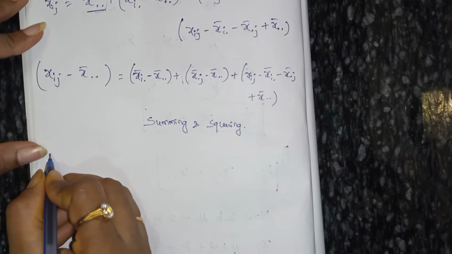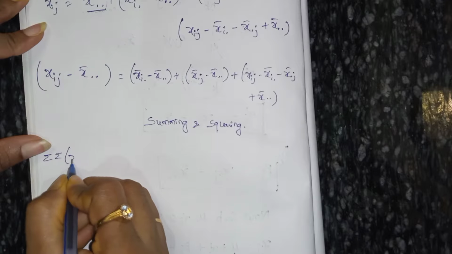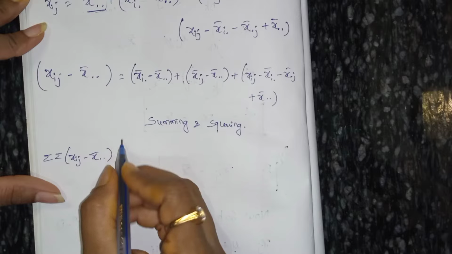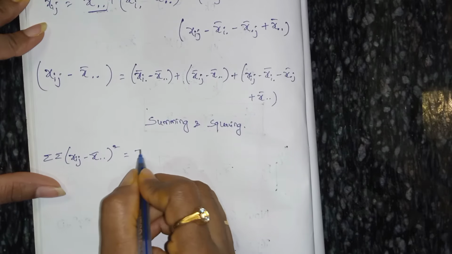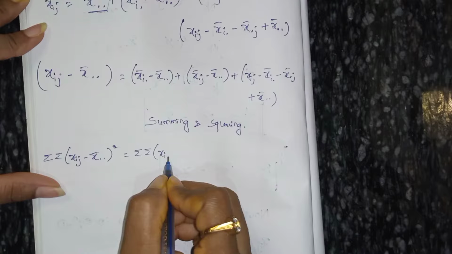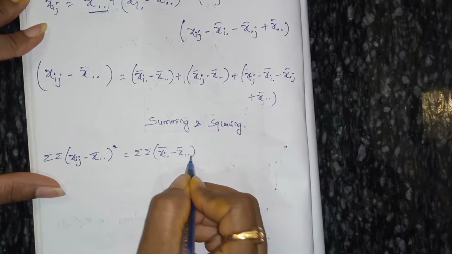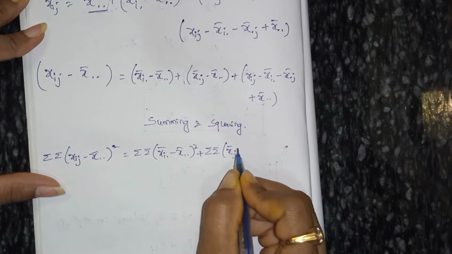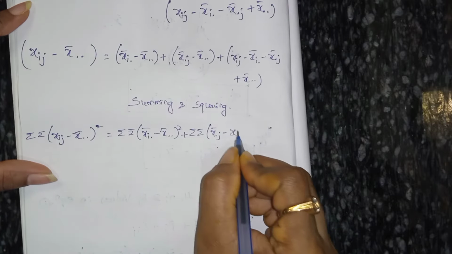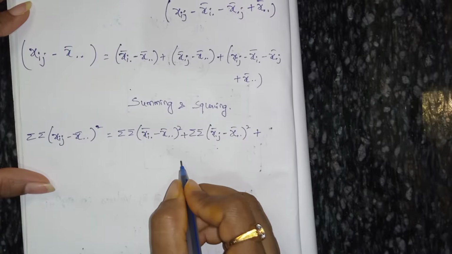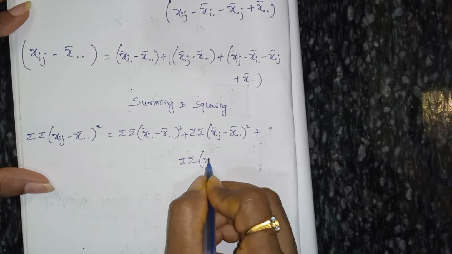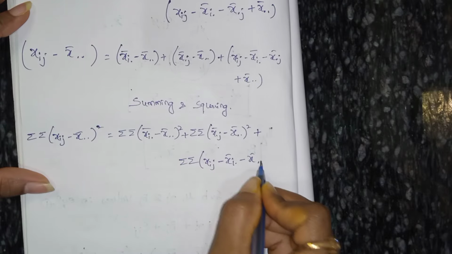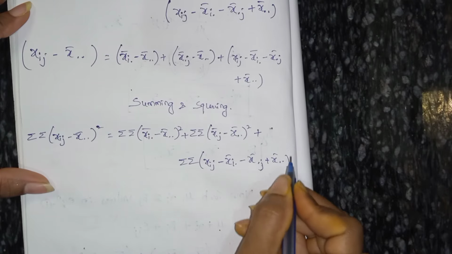So that is double summation xij minus x bar double dot whole square equals double summation x bar i dot minus x bar double dot whole square plus double summation x bar dot j minus x bar double dot whole square plus double summation xij minus x bar i dot minus x bar dot j plus x bar double dot whole square.